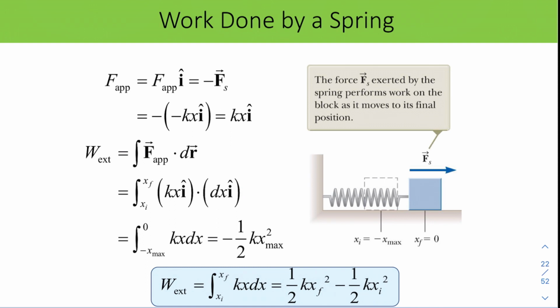So from here, for this situation from negative x maximum up to 0 position, we are going to have negative half k x maximum squared. So in general, work done by external forces on the block and mass spring system is equivalent to half k x final squared minus half k x initial squared.